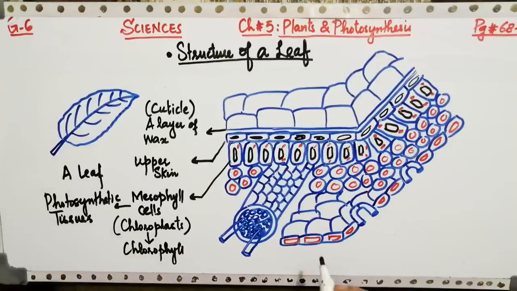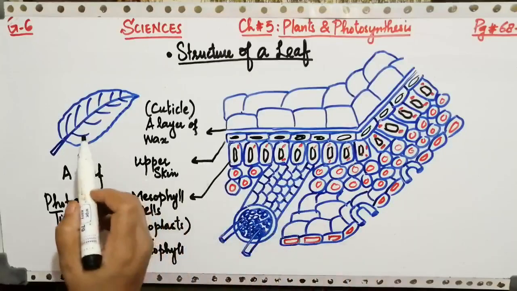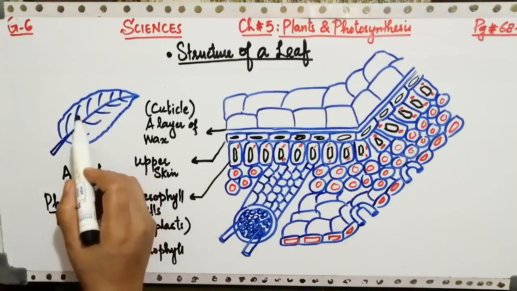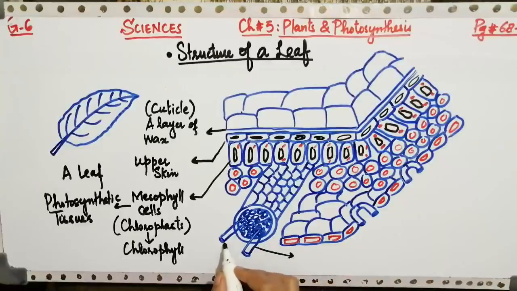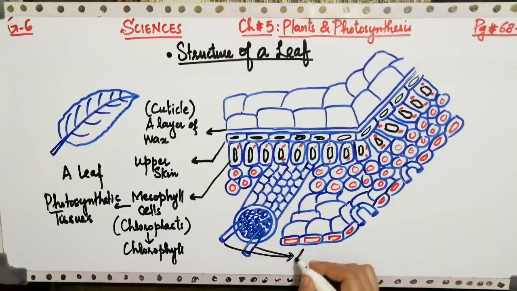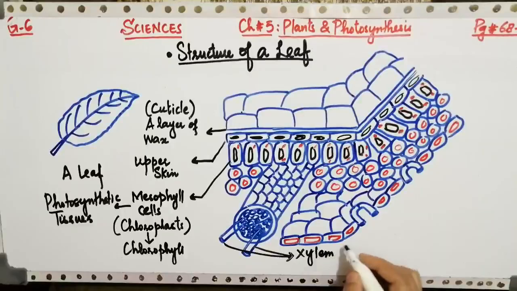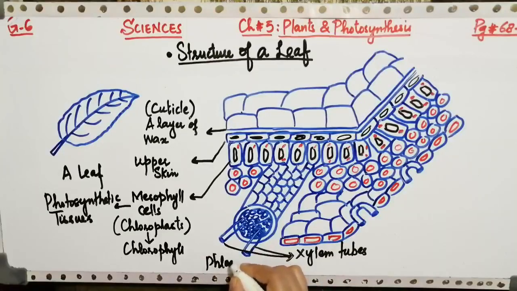Next thing which you have to remember is what is present in the leaf midrib as well as the leaf veins. This area of the leaf is called the vascular bundle, containing two types of tubes called xylem and phloem tubes.